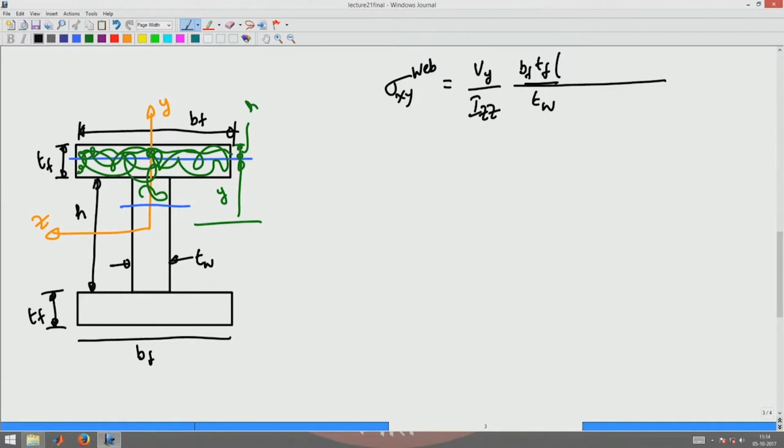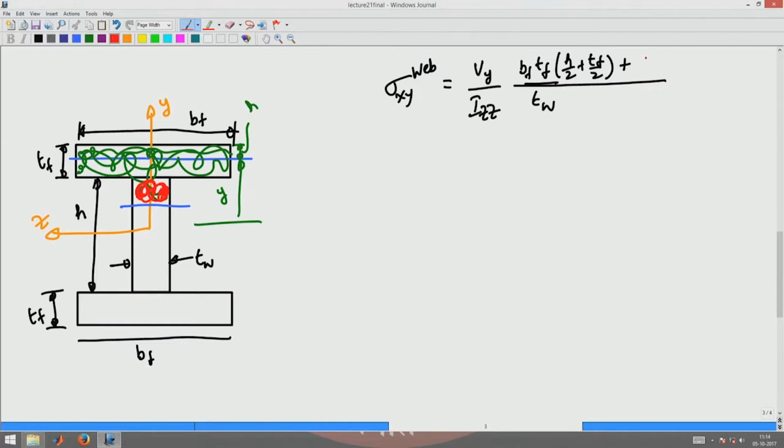That centroid would be h by 2 plus Tf by 2, that will be the center of that flange, plus the center of this region and the area of this region is what I have to consider.